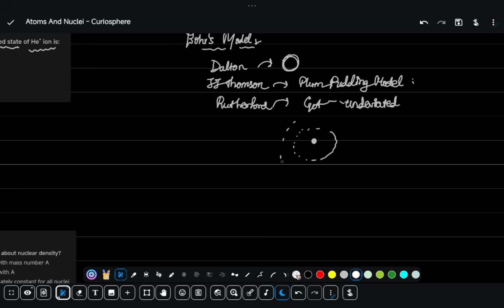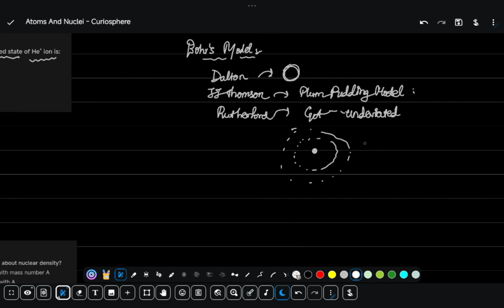But according to classical physics, if a body is revolving around another body, it should continuously lose energy and eventually fall into the center, and the atom should hence collapse. But that is not the case, it is not happening. So Rutherford's model also failed to explain it.